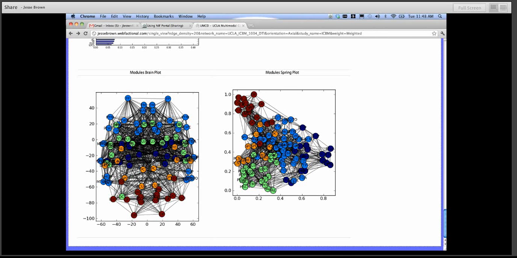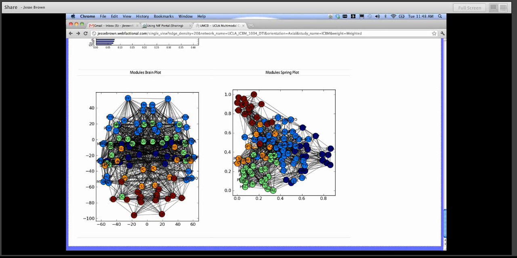The image on the right is what's called a force embedded or spring force diagram. It's the same model regions from the image on the left, and you can see that the abbreviations for the regions are the same, but it's decomposed, or re-represented, in two dimensions, where the distance between any nodes in this image is an indication of how near they are to each other in the network, or how near their modules are.